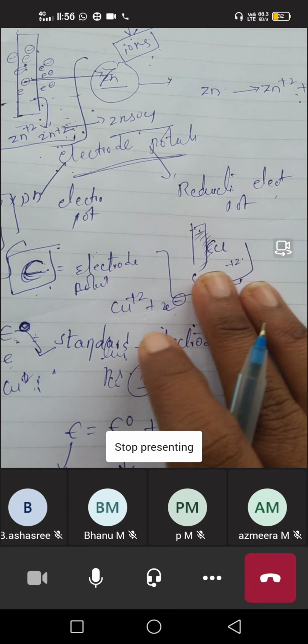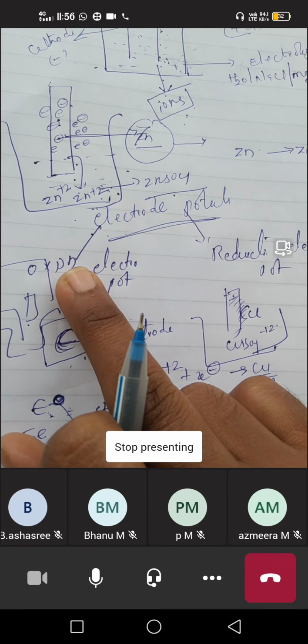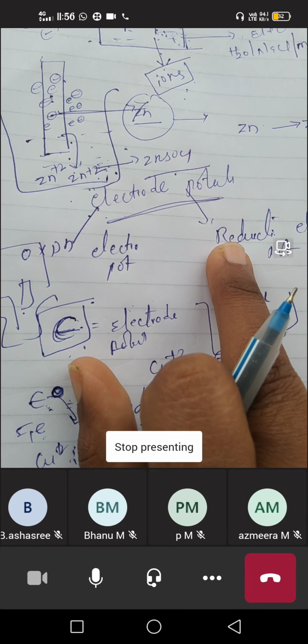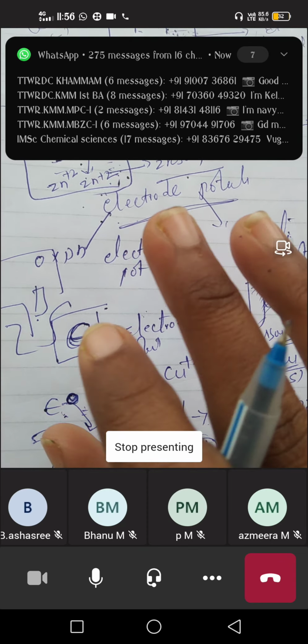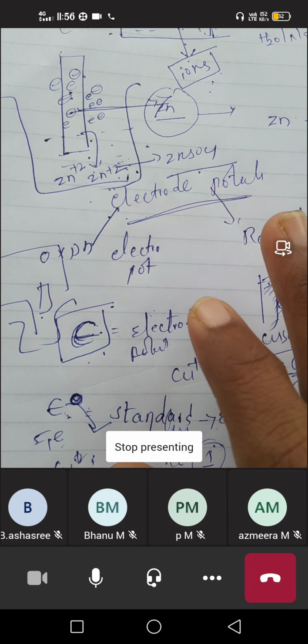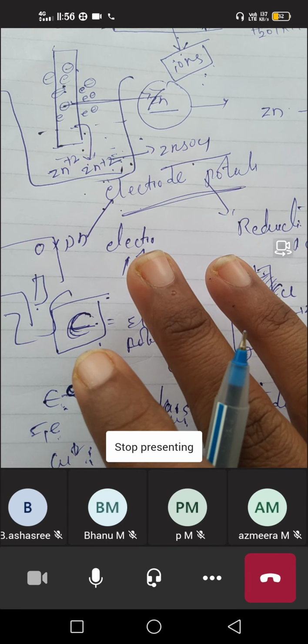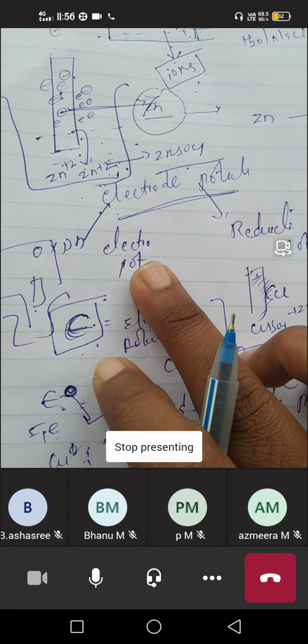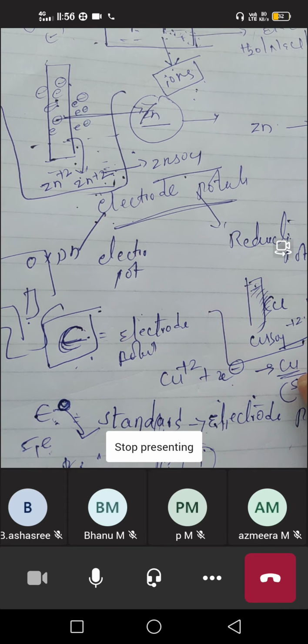Okay, so what I am saying here, we have two electrode potentials, that is oxidation electrode potential and reduction electrode potential. But at the time of solving problems, you might get confused about which value we have to take, either the oxidation electrode potential or the reduction electrode potential.